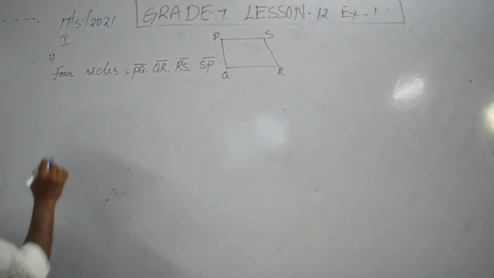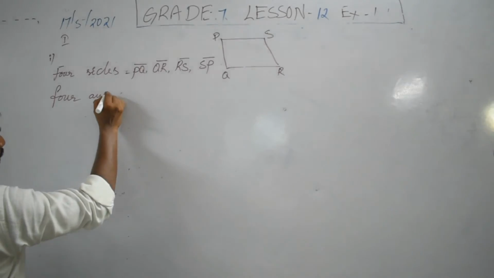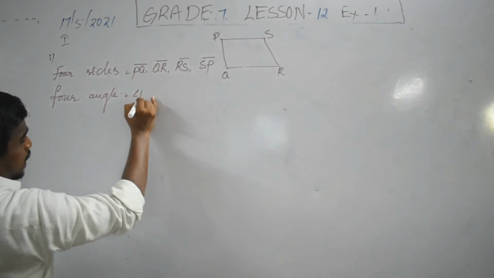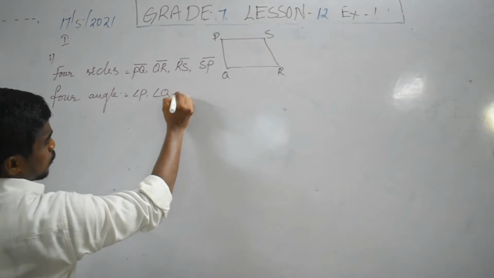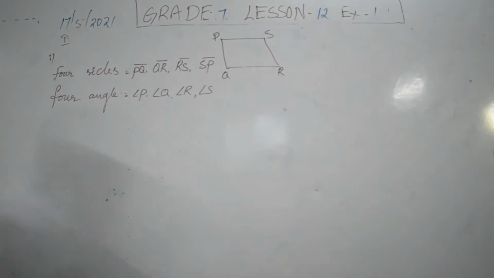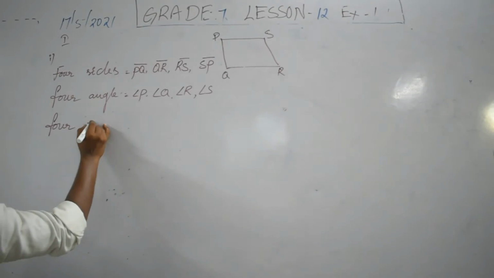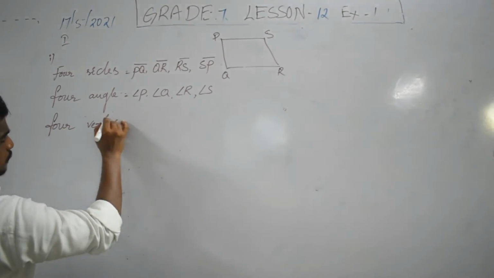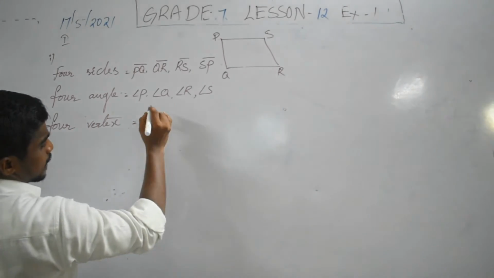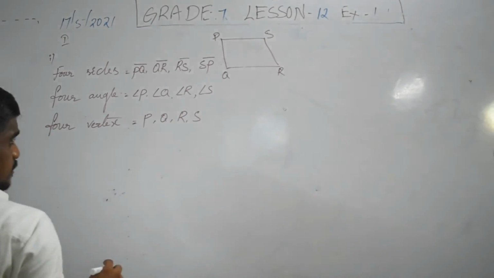Next, 4 angles: angle P, angle Q, angle R, angle S. Just names they are asking. Next, vertices. How many? 4. P vertex, Q vertex, R vertex, S vertex.